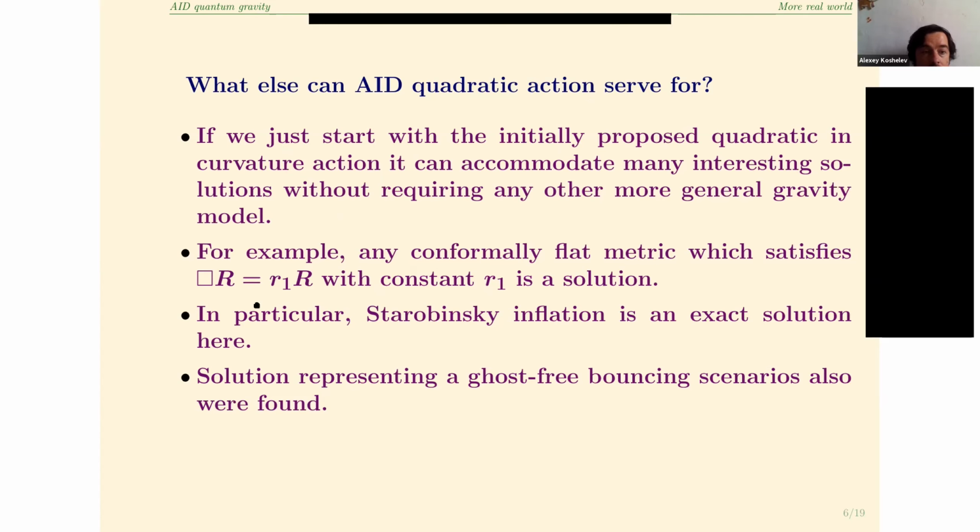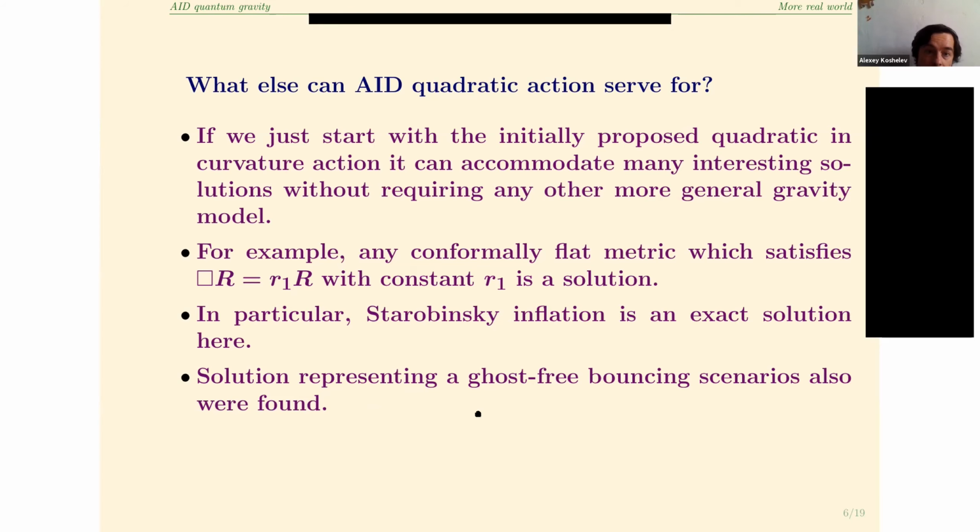And as such, we immediately show that Starobinsky inflation, which exactly satisfies this condition, is a solution also in our more generic framework. There are some other interesting solutions here, like, for example, ghost-free bounces, or some interesting study related to absence of singularity in centrally symmetric solutions.